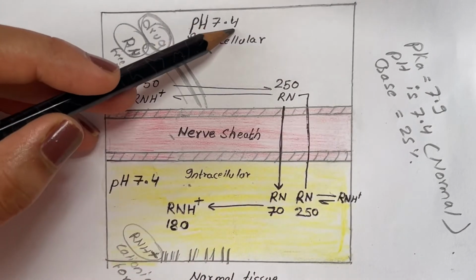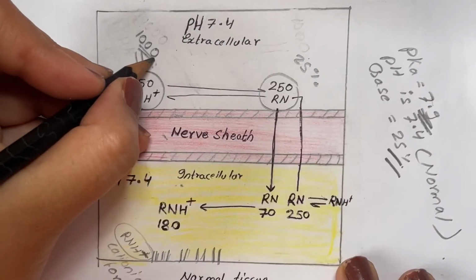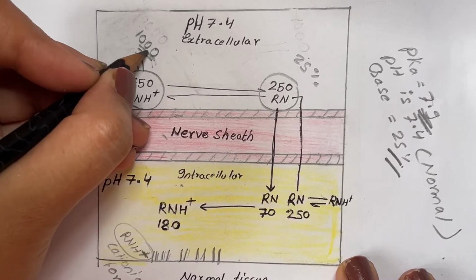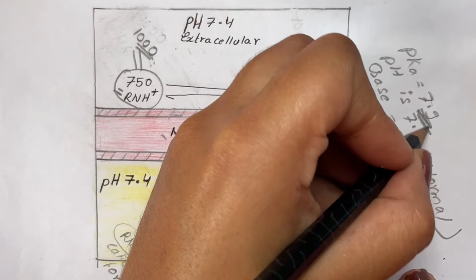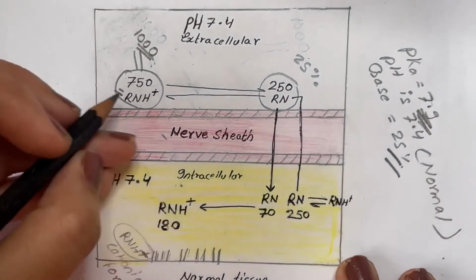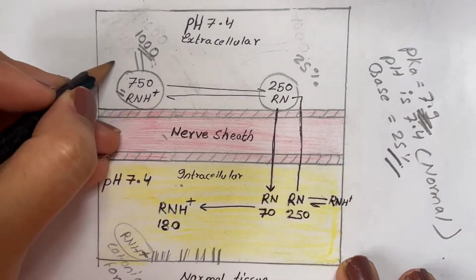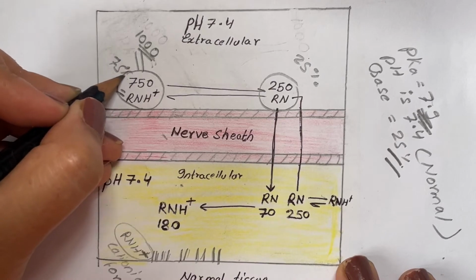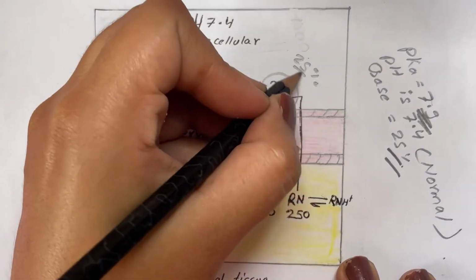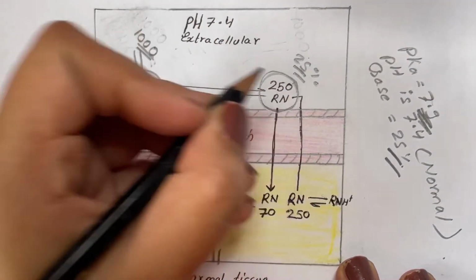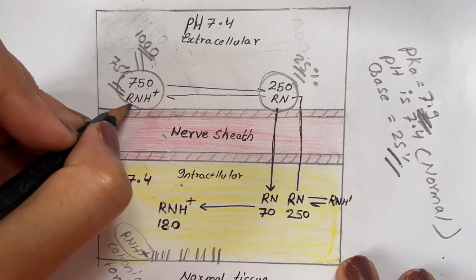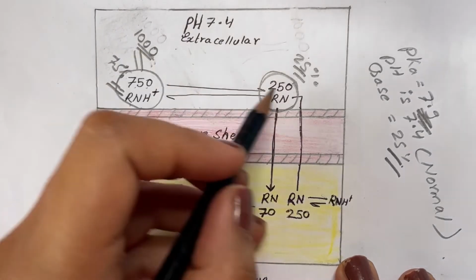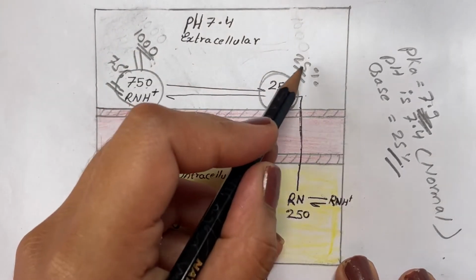At a pH of 7.4, for example, if we inject 1000 molecules of local anesthetic with a pKa value of 7.9, then it will convert into 75% in cationic form and only 25% in free base form. That is, 75% of 1000 is 750 in cationic form, and 25% of 1000 is 250 in free base form.